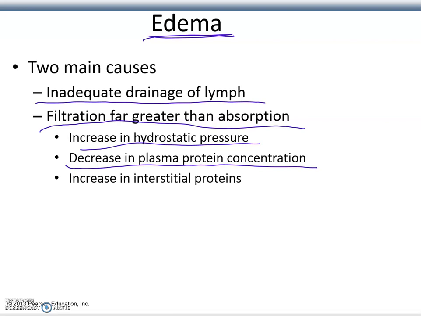It's just that they have edema because their bodies have started to digest the plasma proteins for energy, and now they have a decrease in plasma proteins. You could also have an increase in interstitial proteins. That does not usually happen unless you have necrosis of tissue, where cells are dying and releasing their protein contents into the interstitial spaces.